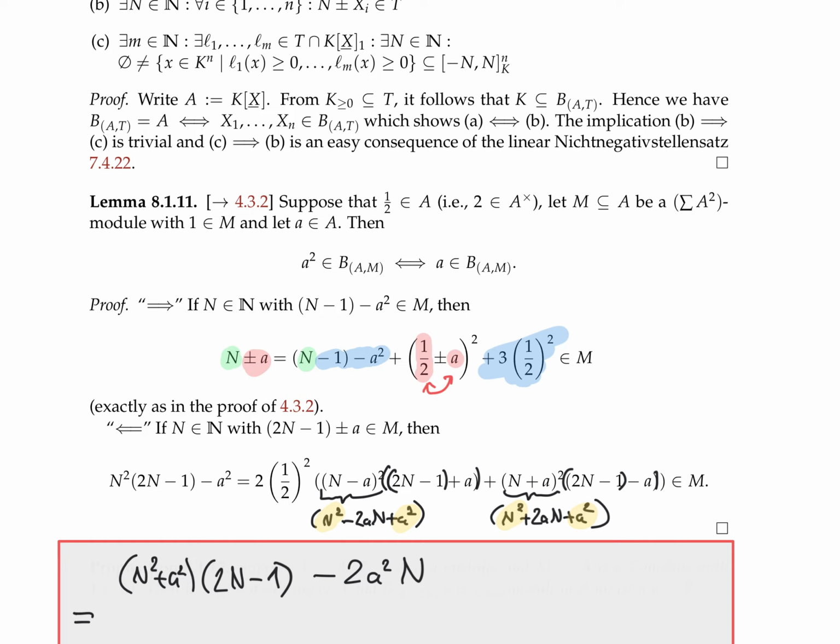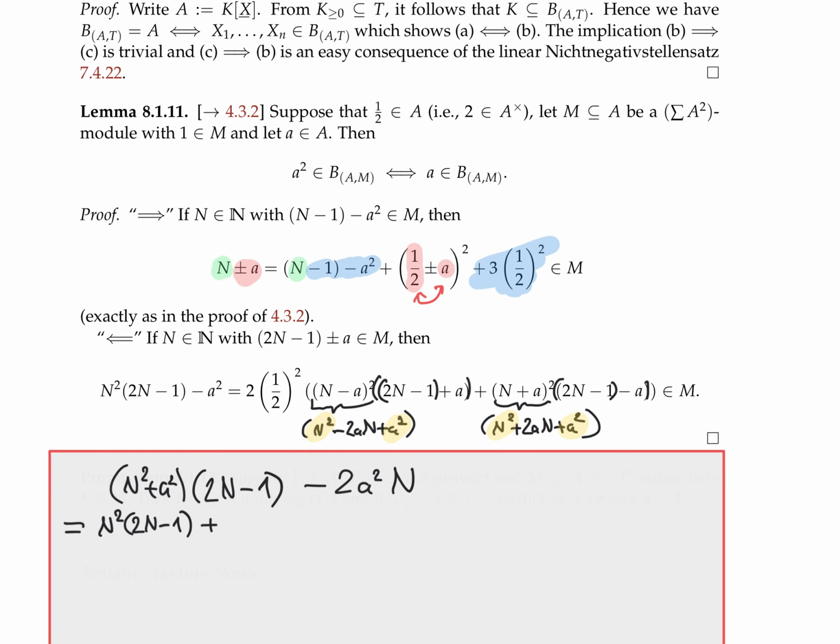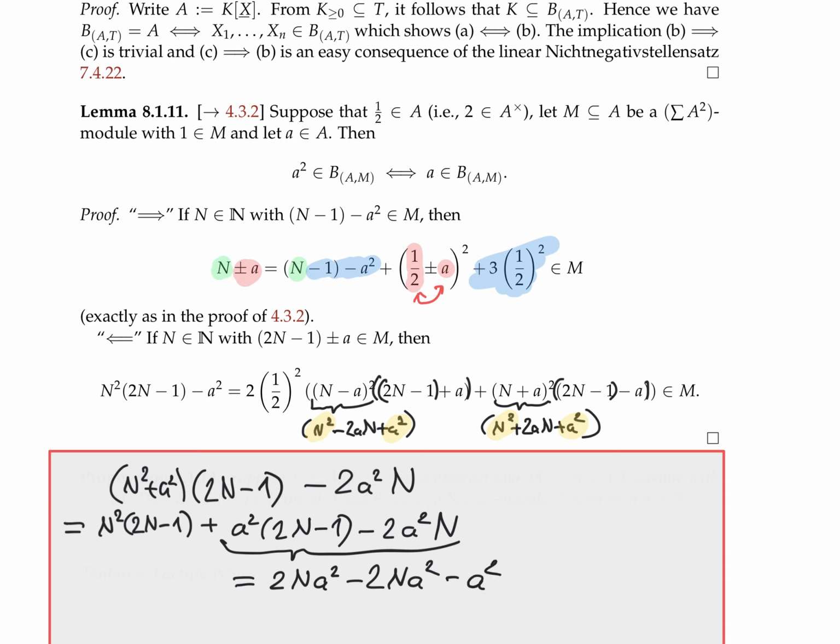It's n squared times 2n minus 1 plus a squared times 2n minus 1 minus 2a squared times n. And this is 2n a squared minus 2n a squared minus a squared. Yeah, so I get exactly this left hand side here.